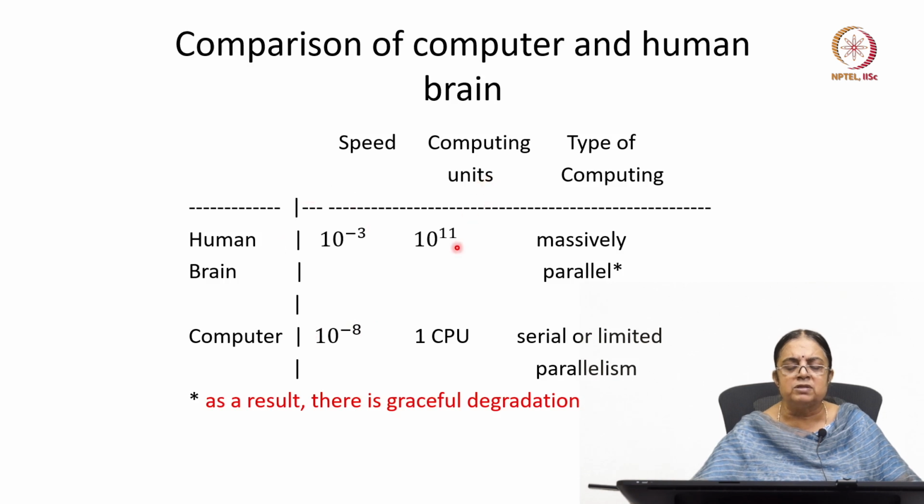But the computing units in the brain are 10 to the power of 10 to 10 to the power of 11, and you may have one CPU here. So we can see that the human brain is massively parallel. But if we take the computer nowadays, where you have so many CPUs combined together, you find that it is coming very close to what the human brain has. At the beginning it was serial or had limited parallelism, but now it's also becoming massively parallel.